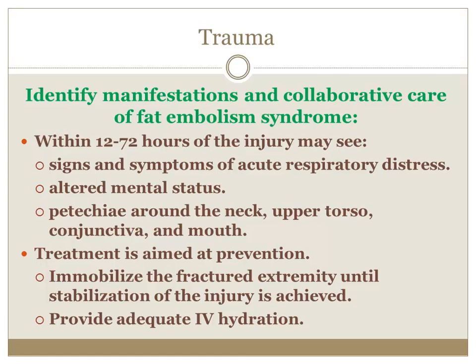And then what you're going to see is petechiae around the neck, upper torso, conjunctiva, and mouth. I cannot remember the patho of why the petechiae are there, but it's a pretty impressive thing to see, because I had a patient in the ICU who had petechiae around the neck and upper torso because she was originally on the orthopedic floor with a femur fracture.